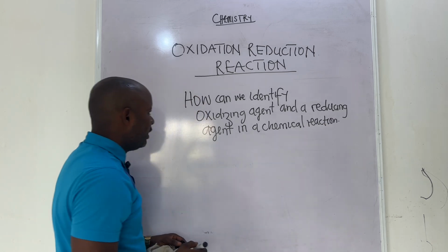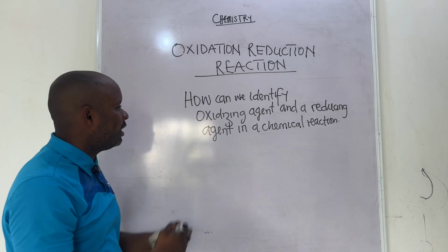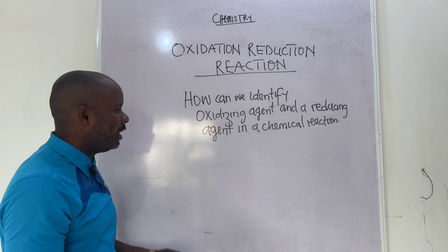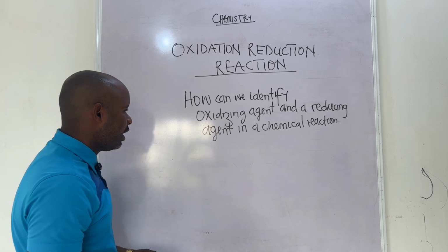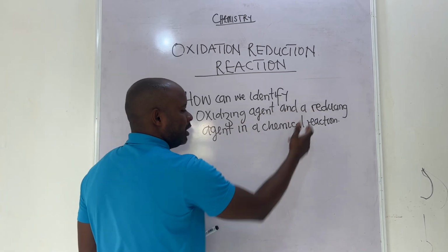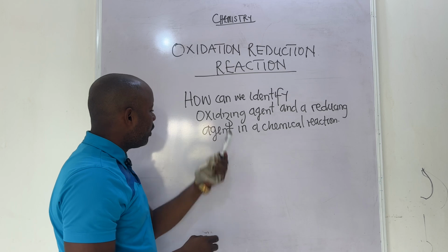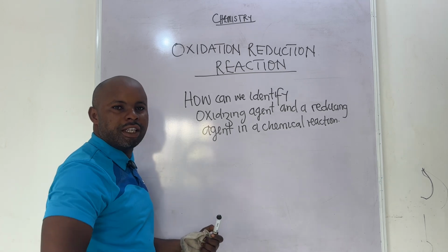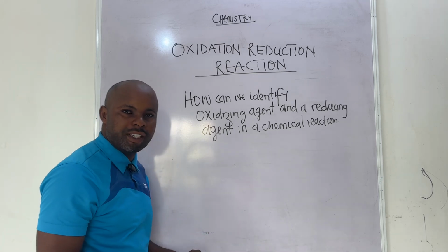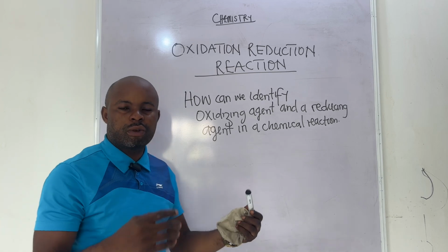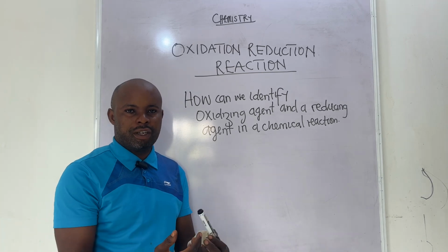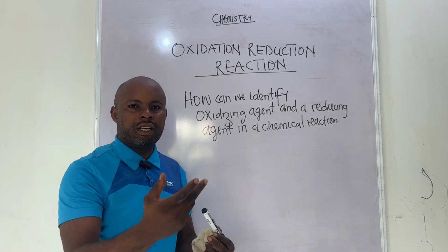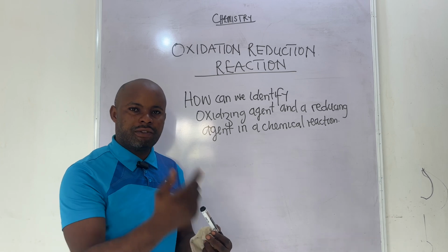Please take note of this point. That is to say, we said a reducing agent is the donor of an electron, while the oxidizing agent is the acceptor of this electron. So we said oxidation-reduction reaction is an opposing reaction, but they are complementary. When one is donating, there is one there to receive this electron.